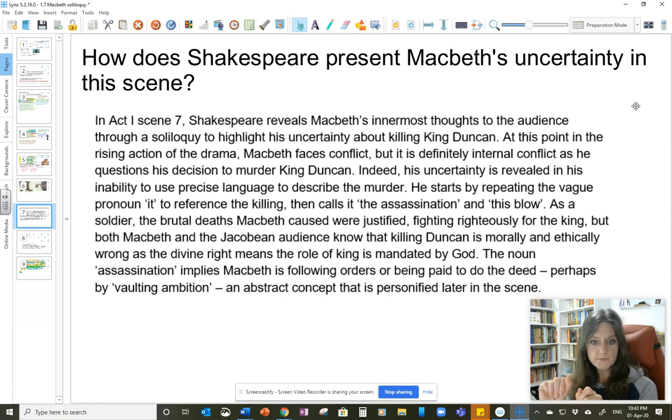It's also about using subject terminology. And then finally, AO3 is all about the context in which texts were written. So it could be the historical context, the genre context, or the way that the audience received the play. Okay, so again, you could use some different highlighters, or you could use a code, and go through and annotate, please.